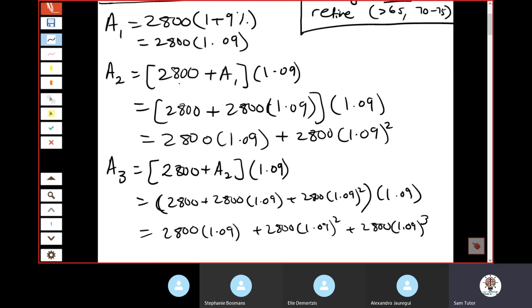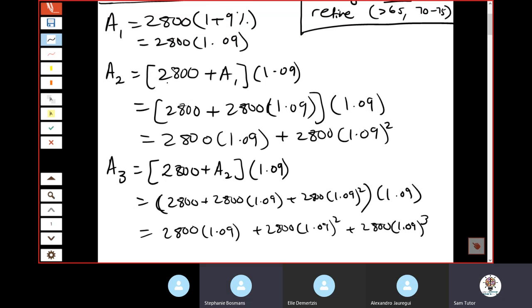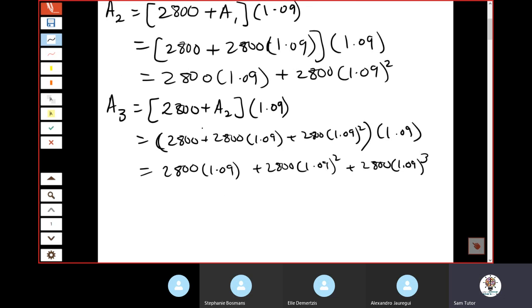The reason why I personally teach it like this is because when we do loan repayments, I'm going to do the exact same math. But I also believe this makes more sense for most kids because the logic is there. You're putting money in, adding on top of what you had before, and then it grows. You put your money in on top of what you had before, and then it grows. And if you look at the final answer, that even makes sense.